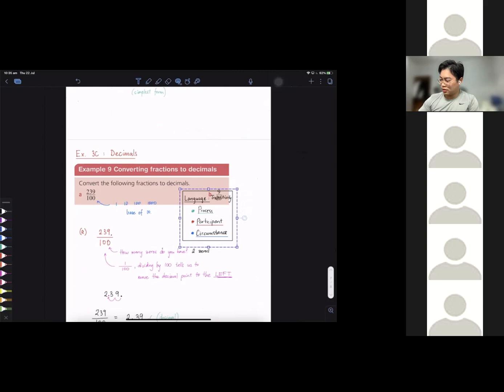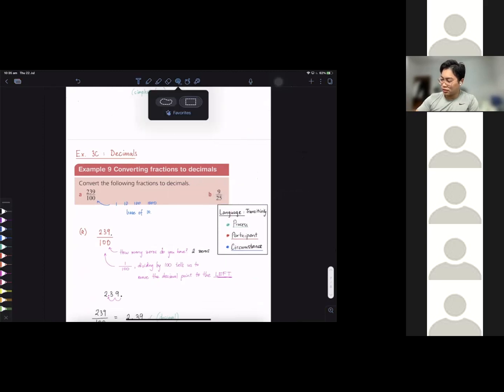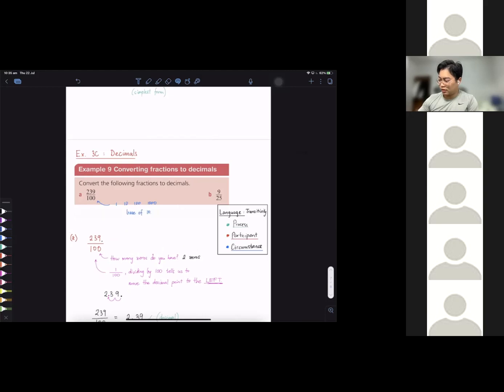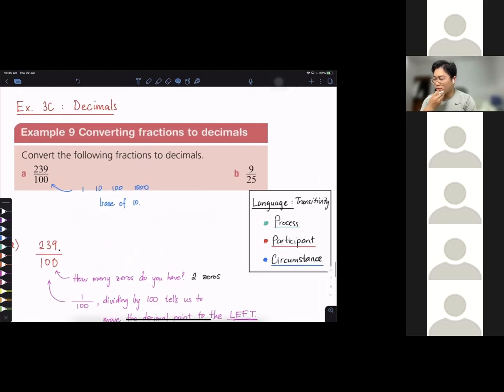Just before we start on that question, let's break down, because I assumed that, you know, I just told you what we need to do, but just remember, when we look at a number, we need to know what we need to do with it. Okay, so what are we doing to this 9 over 25?